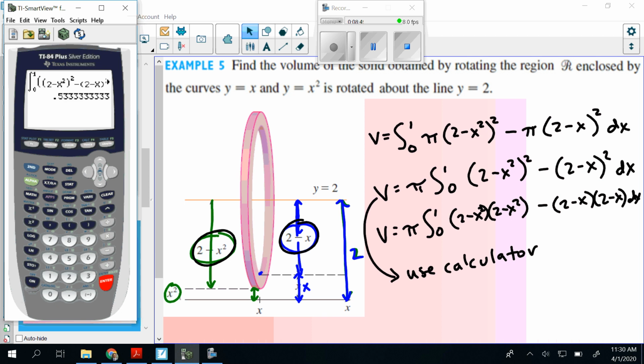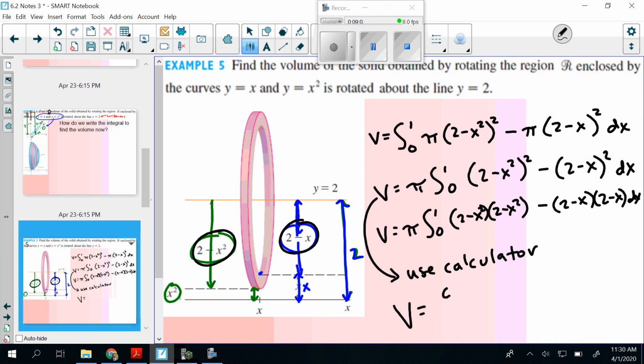Now, to get the exact answer, do it as a fraction by hitting your math button. And it looks like the volume here comes out to be 8/15. Make sure, though, that you do multiply that back by pi, because we didn't enter the pi in the calculator, so it'd be 8 pi over 15 units cubed would be the volume there.